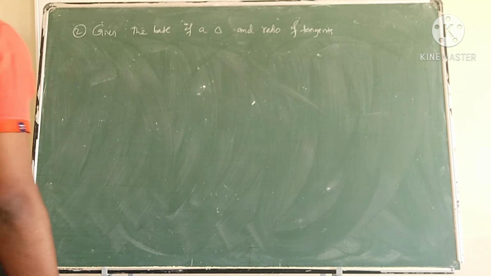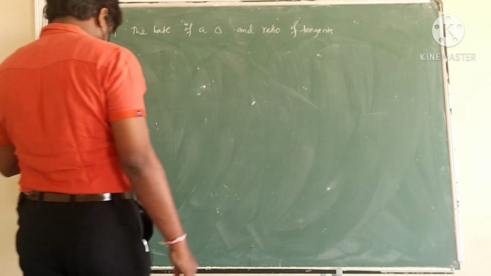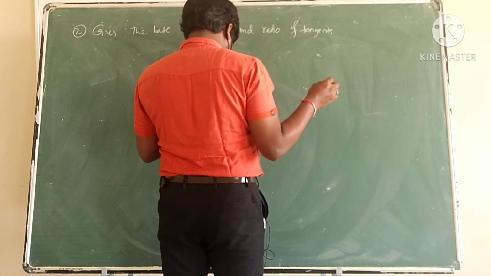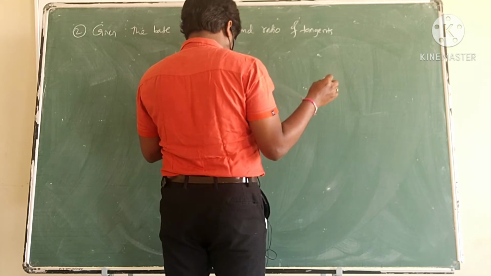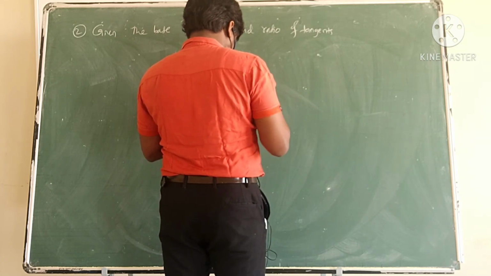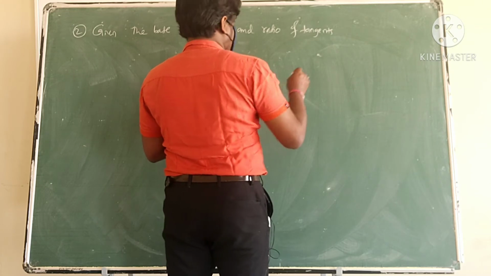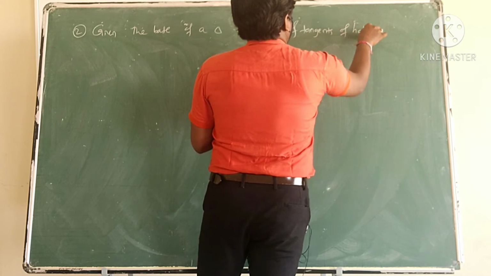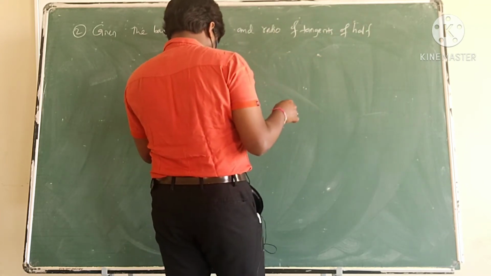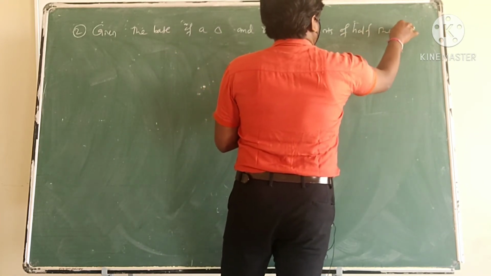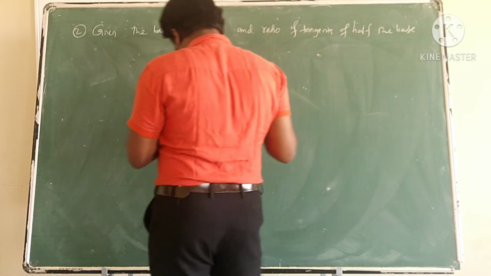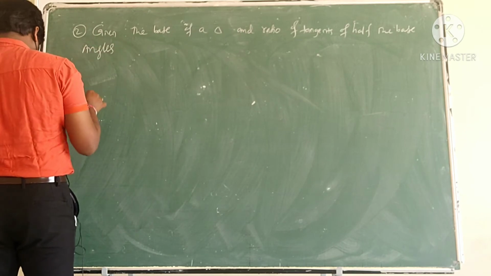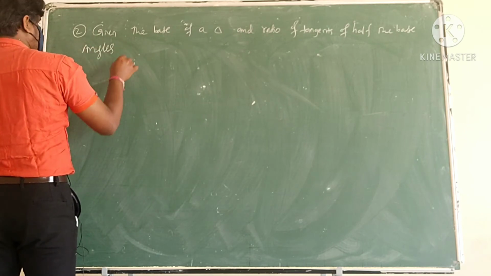Now the question: given the base of a triangle and the ratio of the tangent of half of the base angles, then prove that the vertex of the triangle moves as a hyperbola.